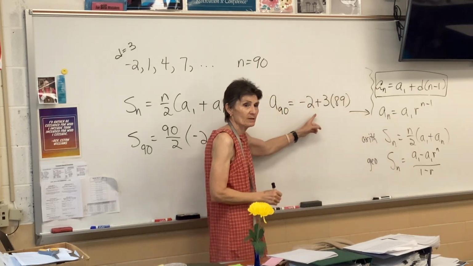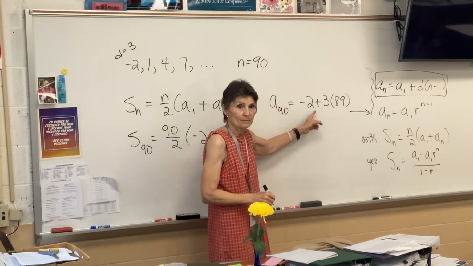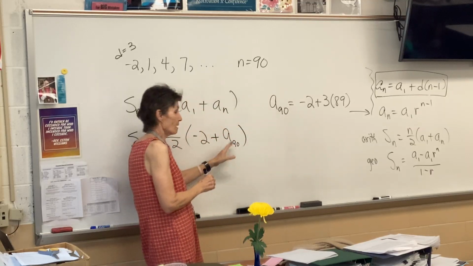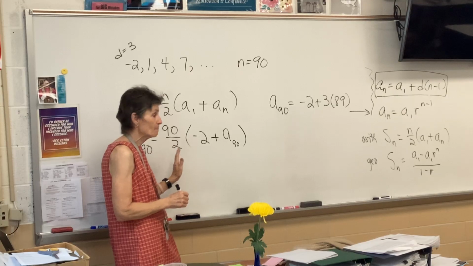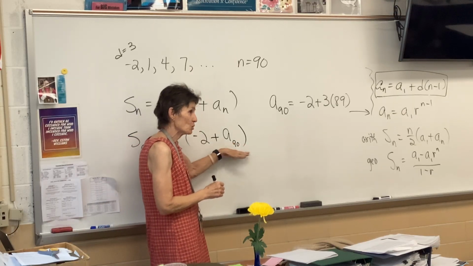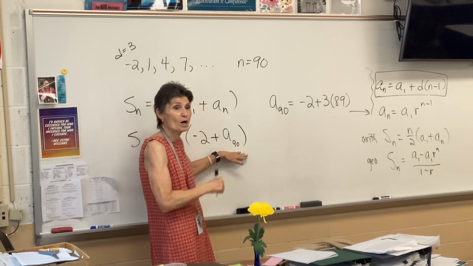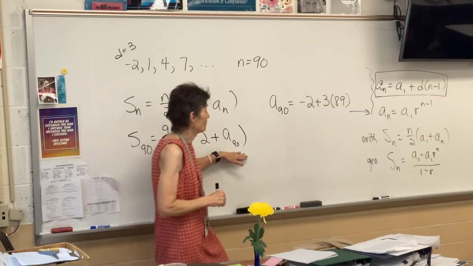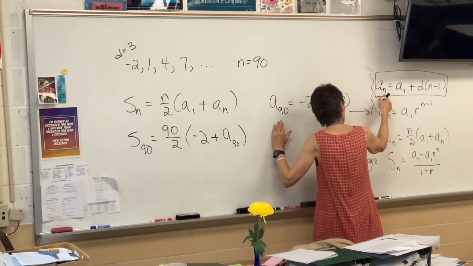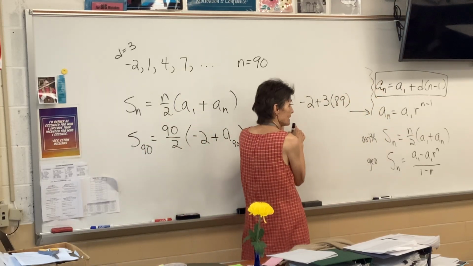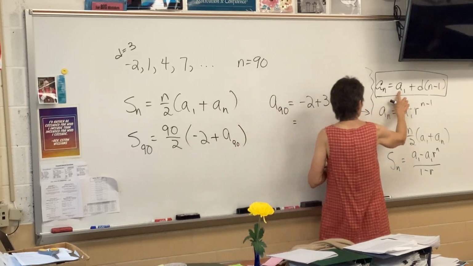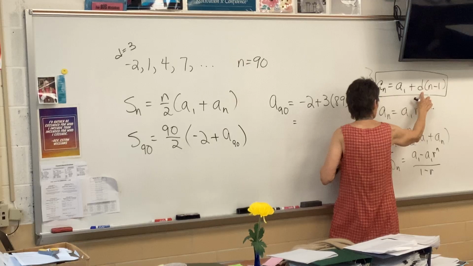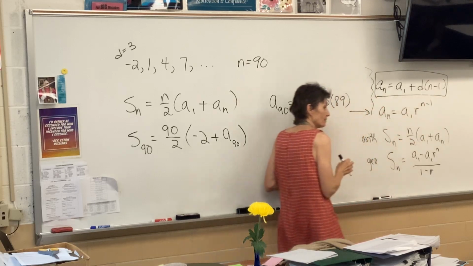Oh yeah, I can figure that out. This is the formula that's going to give me the answer to the question, but I can't finish it because I don't know the 90th term. So I use that formula to find the 90th term: first term plus common difference times 90 minus 1.